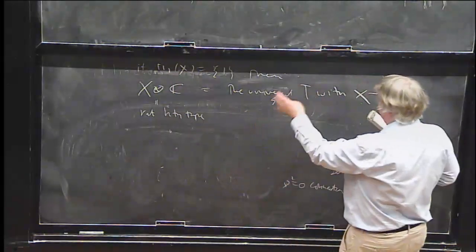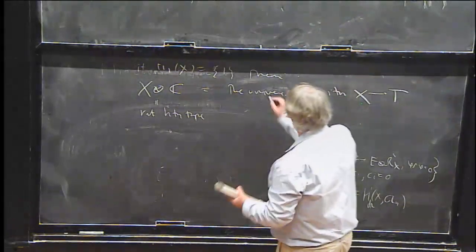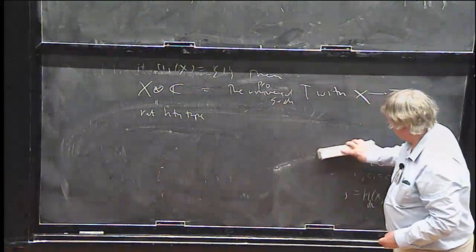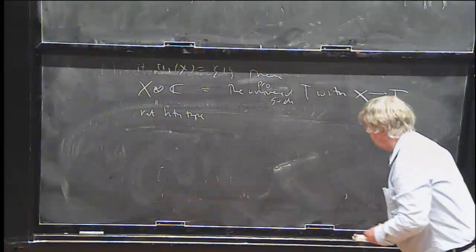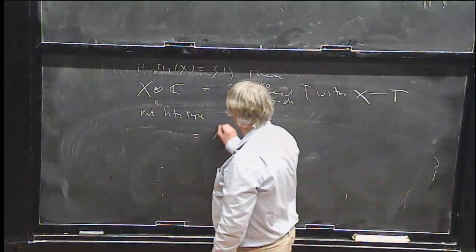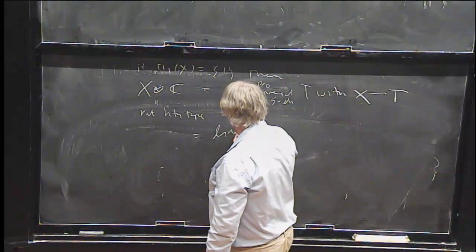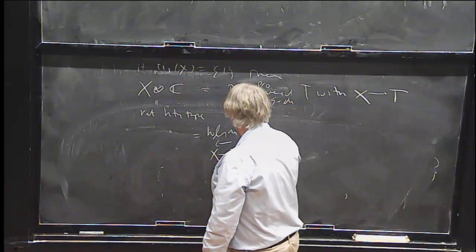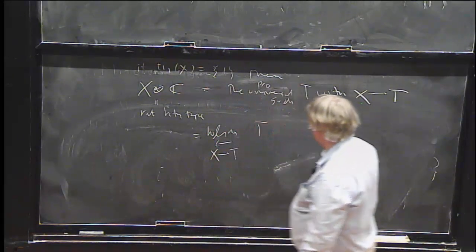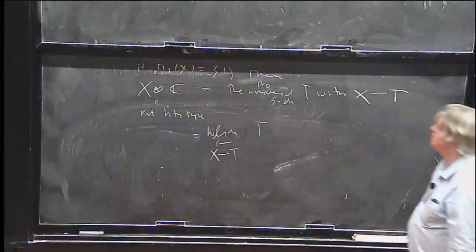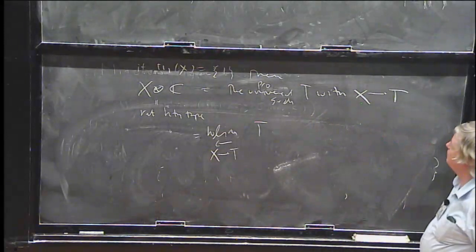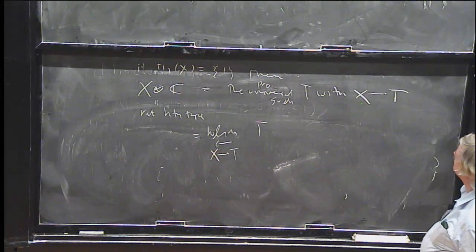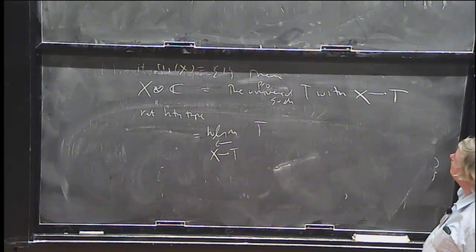So it's really going to be a pro object, but it's given by the homotopy limit over maps from X to T of T, basically. I don't think this was necessarily all that successful, but maybe this is a little bit of a reading guide if anybody's interested.